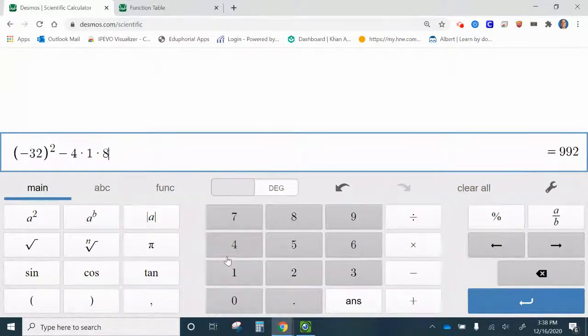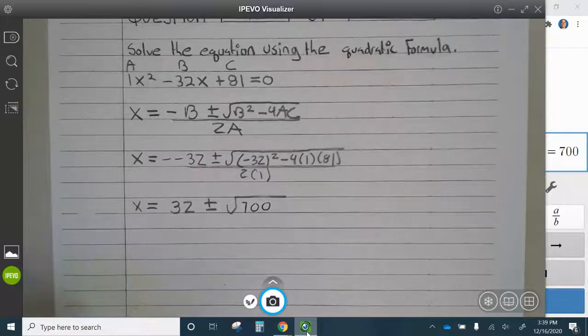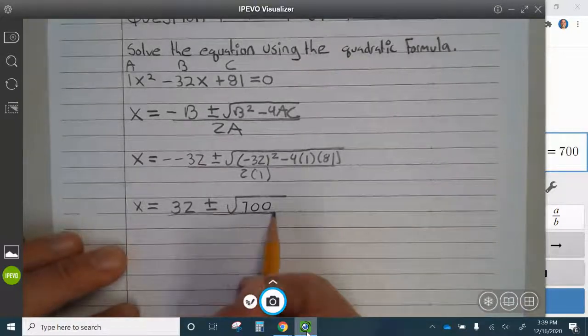Oh, times 81. 700. Ooh, almost made a mistake. So just a lesson on being careful on putting the numbers in correctly. Okay. So divided by 2.